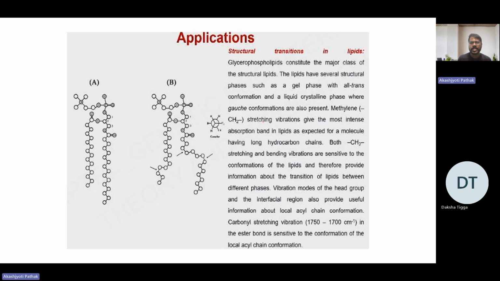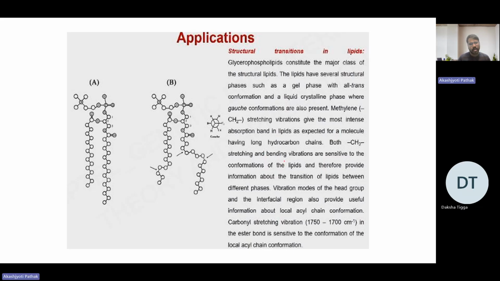The methylene stretching vibrations give the most intense absorption bands in lipids, as expected for a molecule having long hydrocarbon chains. Both methyl stretching and bending vibrations are sensitive to the conformation of the lipid.